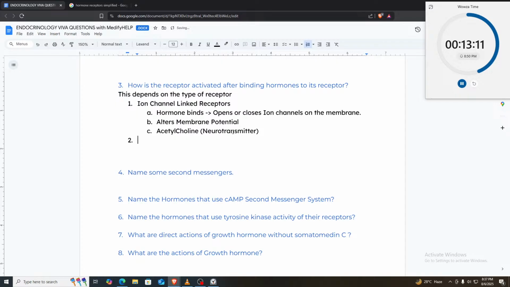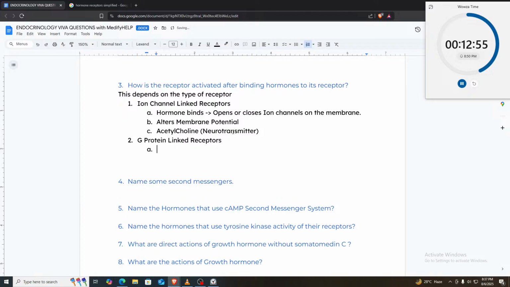So ये हो गया. उसके अलावा G protein linked receptors हैं. So hormone binds, G protein activated.